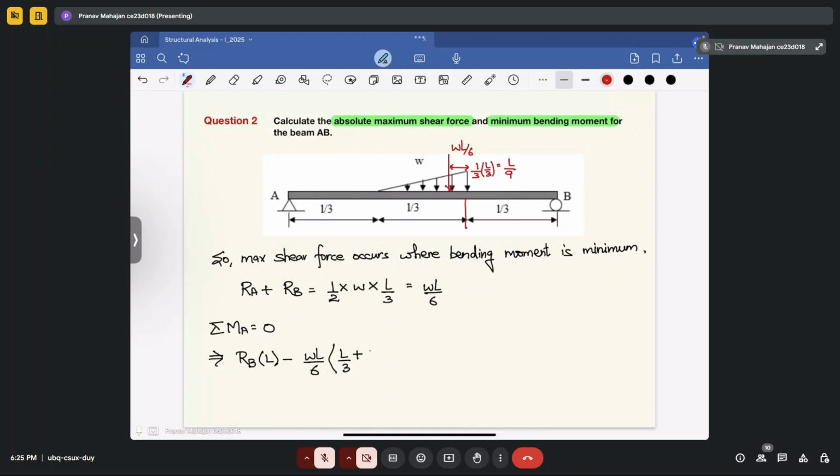So in this case, it will be equal to 2L by 9. So here it will be 2L by 9. This will be equal to 0.